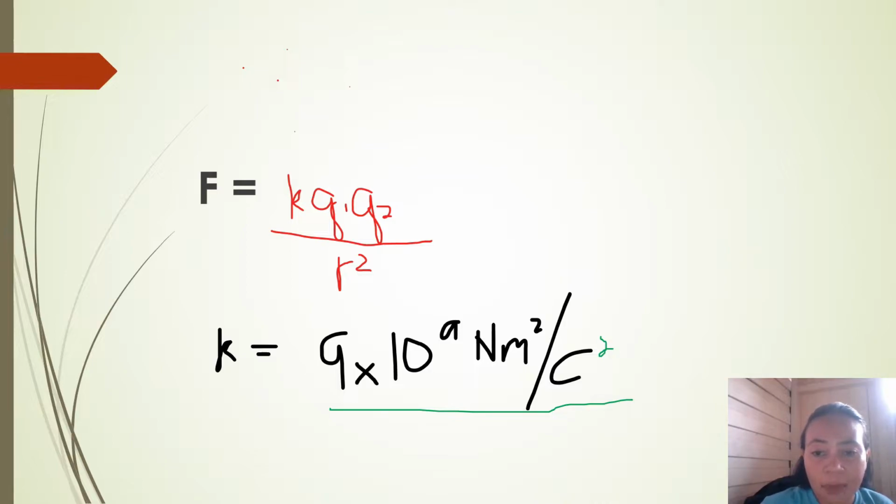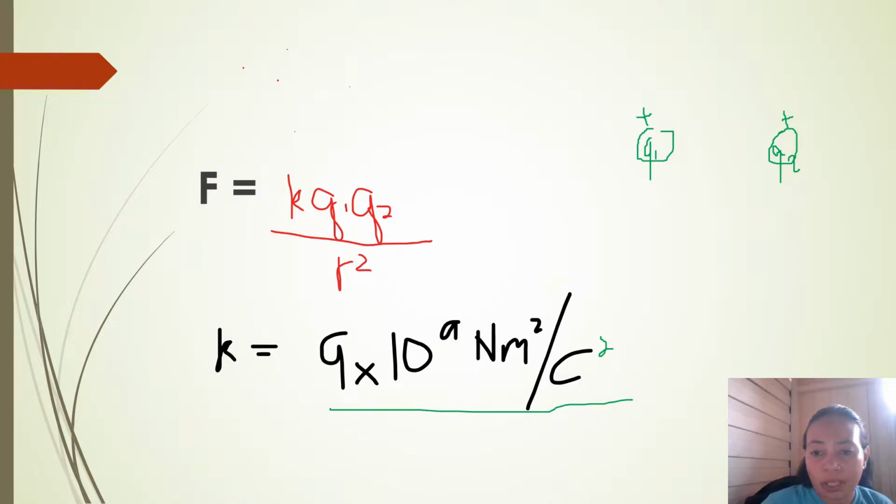So meaning to say, if you have two charges, let's say this is charge 1, and then you have another charge here, Q2 for charge 2. For example, these are both positive charges.